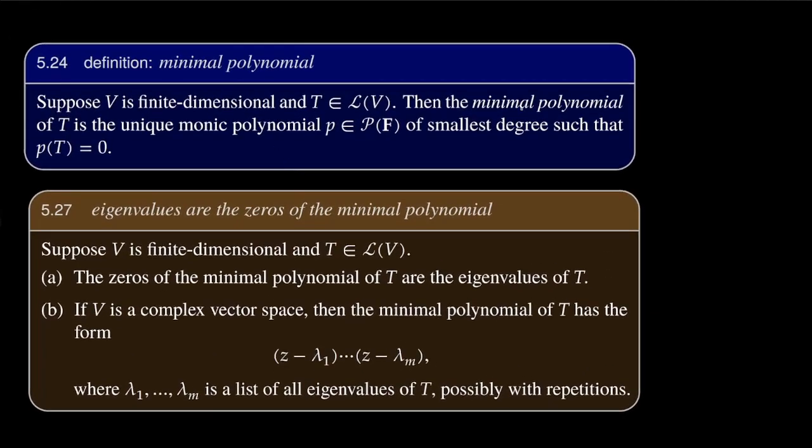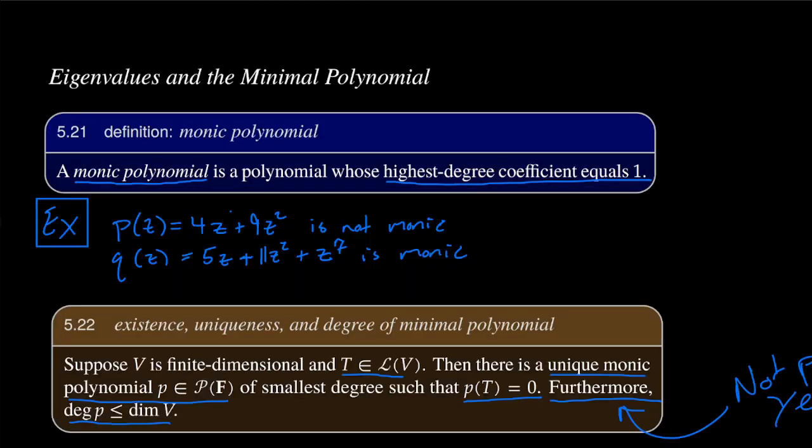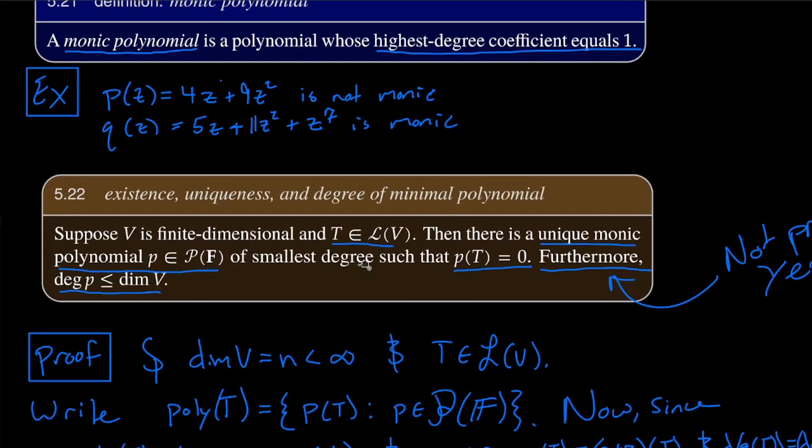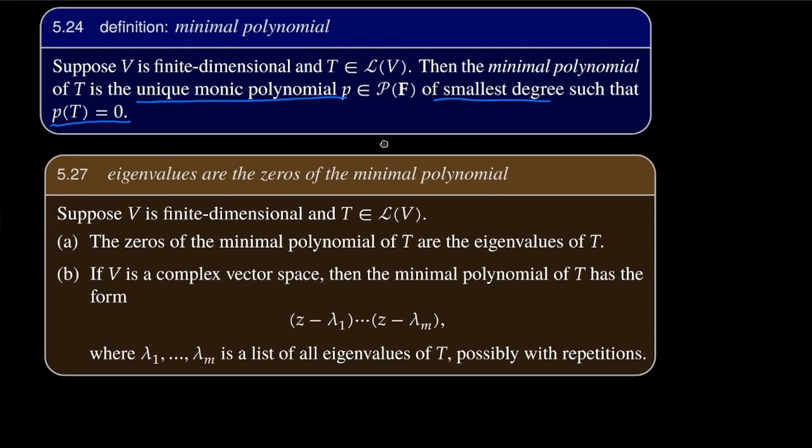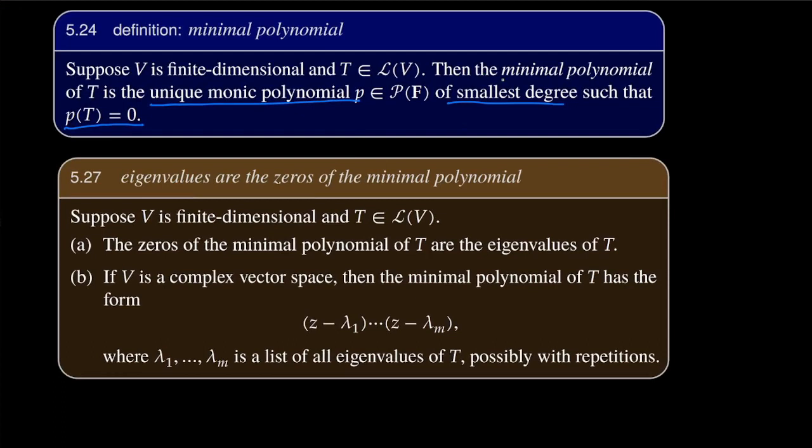We just showed that this exists for any operator t on a finite dimensional vector space. We'll call this guy the minimal polynomial of t. It is a unique polynomial associated to t, and it is of minimal degree, so we'll call it the minimal polynomial of t.